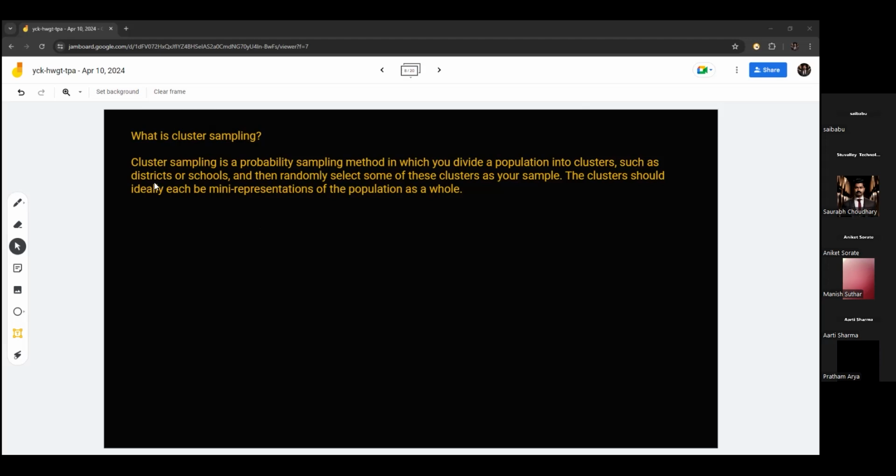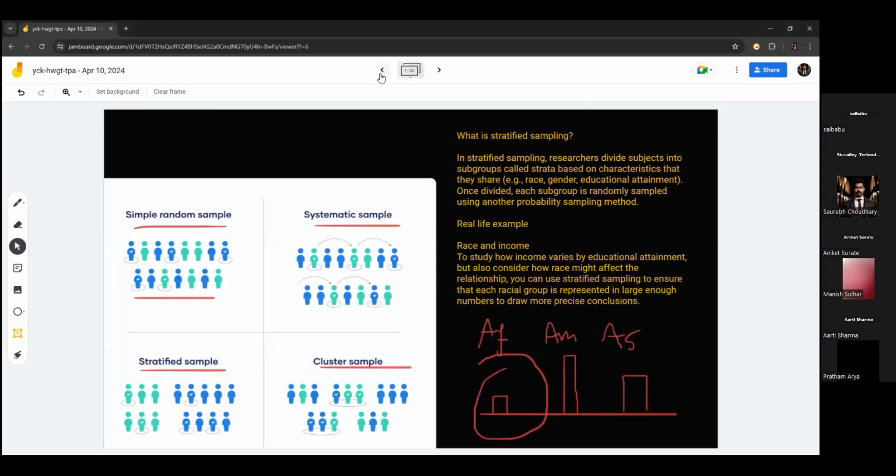Such as districts or schools, and then randomly select some of these clusters as your sample. The clusters should ideally each be a mini representation of the population as a whole. See, this is different between stratified and cluster, right?